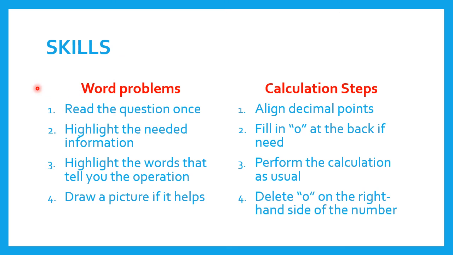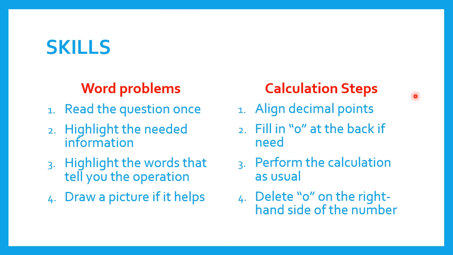Before the end of this chapter, here are some skills that I want to highlight. For example, when you deal with a word problem, you have to read the question once, highlight the keywords and also the needed information from the question, and also highlight the word that tells you the operation if you can find it, and draw a picture if it helps. And also you can draw a bar model to help you finish the question.